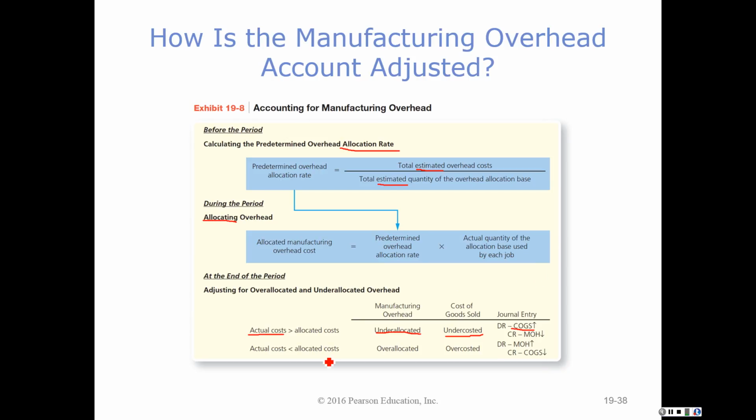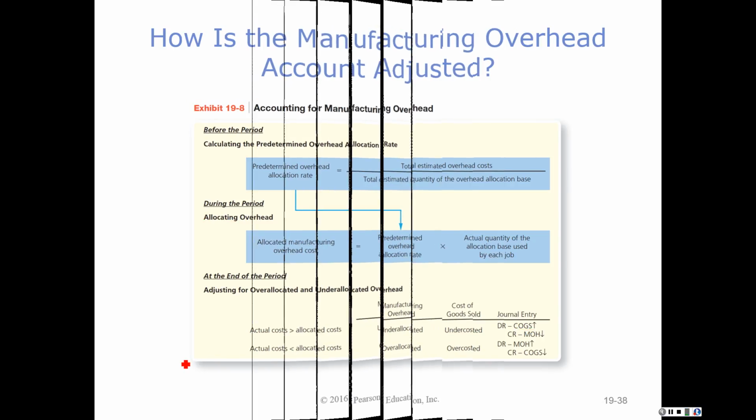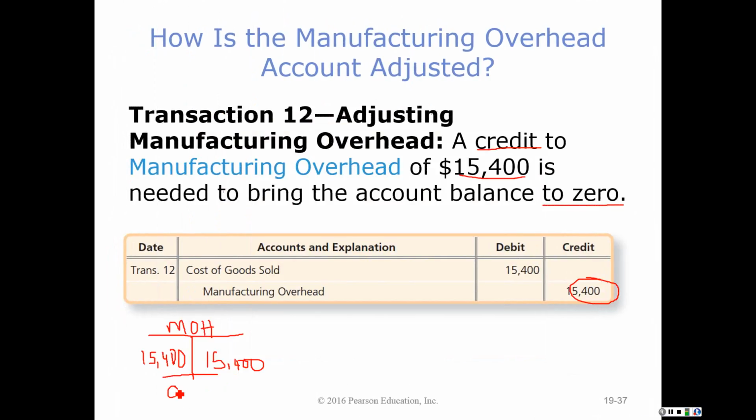On the opposite side of that, if our actual costs are less than what we allocated, let's say that at the end of the period I had a $15,400 credit balance in manufacturing overhead. That means I have moved too much out of manufacturing overhead.